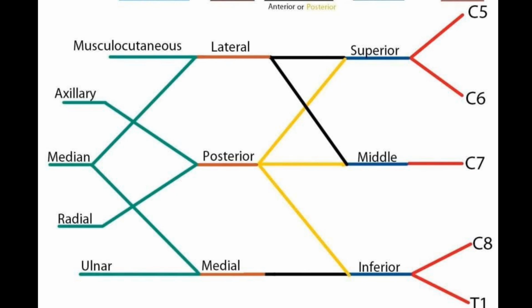And the branches from medial cord also have a mnemonic, that is 4MU. First M stands for medial cutaneous nerve of arm, and medial cutaneous nerve of forearm, and medial pectoral nerve, and medial root of median nerve. And U stands for ulnar nerve, which is a continuation of medial cord.